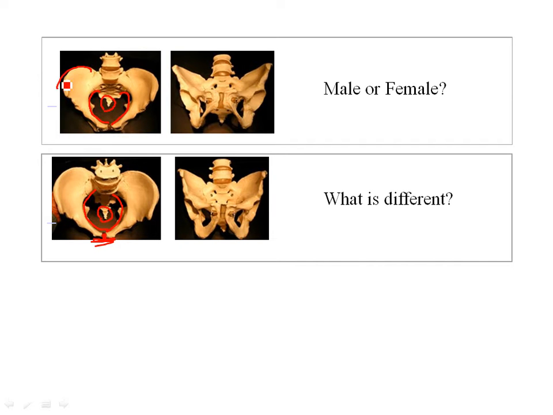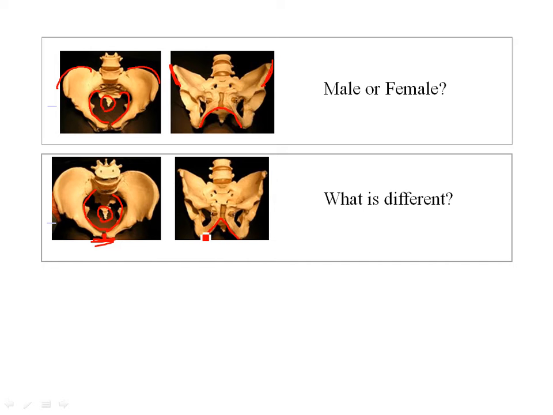Also, you see there's quite a bit of a flare out that you can also see here and here on this particular pelvis. It's like the top part, or the ilium, is flared out more to create a wider opening. Let's look at this particular structure right here. This is the pubic arch.